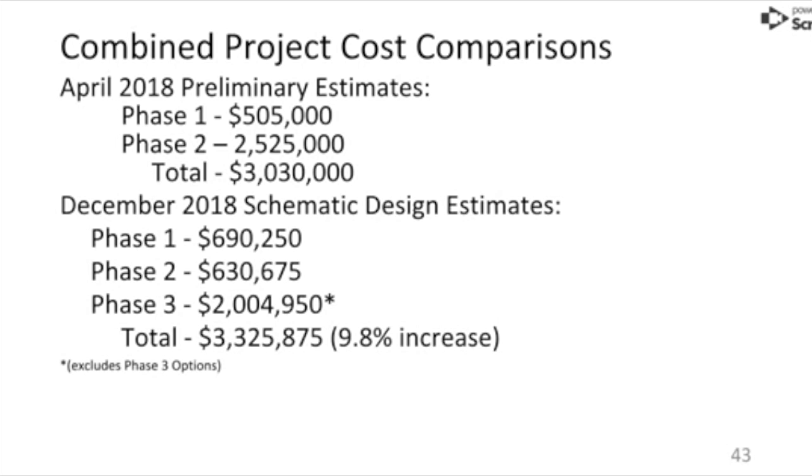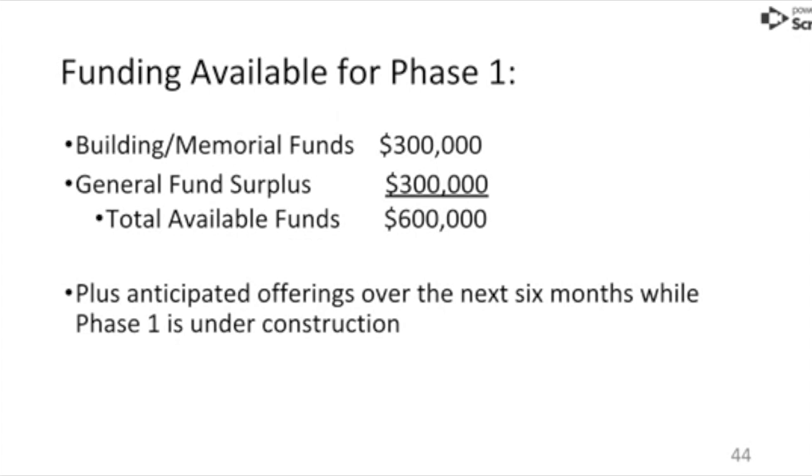If we compare to where we were a few months ago, when we started the building committee out of the strategic planning committee, we expected all phases of this project to cost just over $3 million. Based on our review, we added some classrooms and responded to building code issues, so we've increased the anticipated cost by about 9.8%, or roughly $300,000, which I think is reasonable based on what we've done.